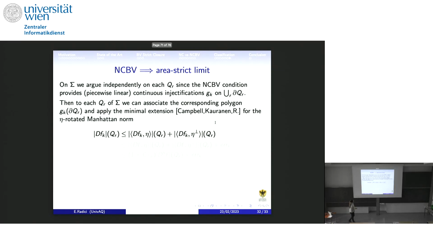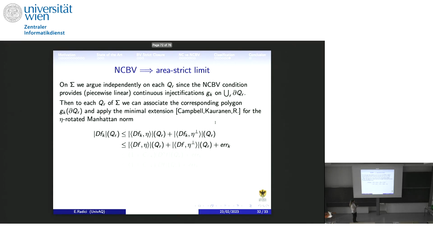So in a singular square, clearly the total variation of your extension is smaller than the rotated Manhattan norm of the same extension on the square. But now this extension is done in such a way that this Manhattan norm is almost optimal.